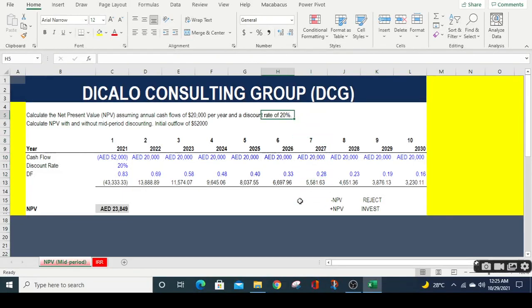And one of the most widely used method of appraising a project is what we call the NPV technique of evaluating projects, or what we call the net present value. The net present value is simply computed by deducting the present value of all future cash flows associated with a particular project from the initial investment in that particular project.